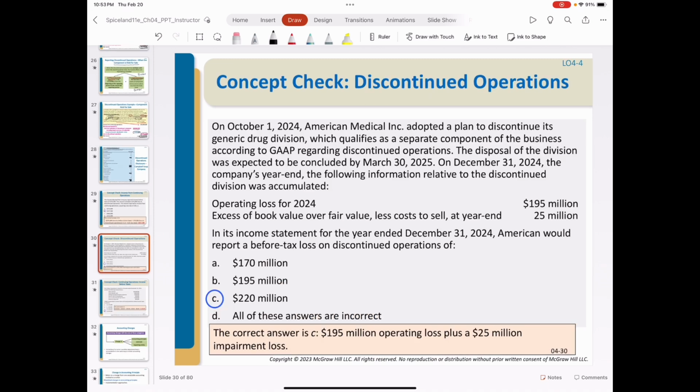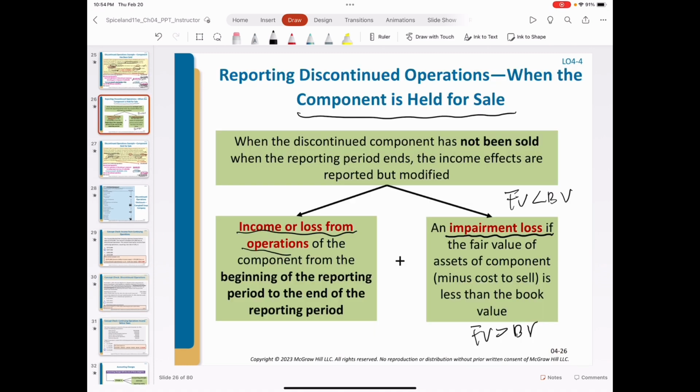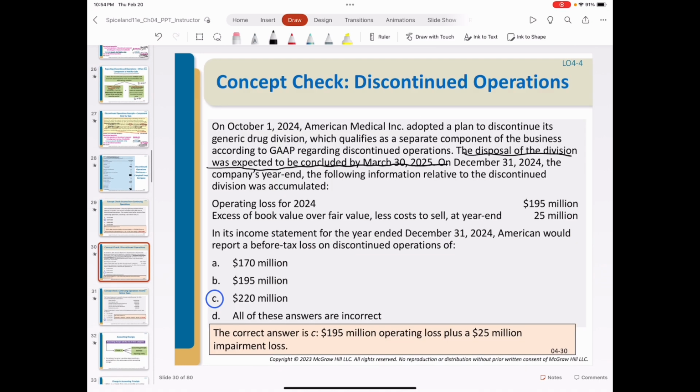Here, the disposal of the division was expected to be concluded by March 30, 2025, the next year. So this is an example when the component is held for sale. So we should use operating loss plus the impairment loss.